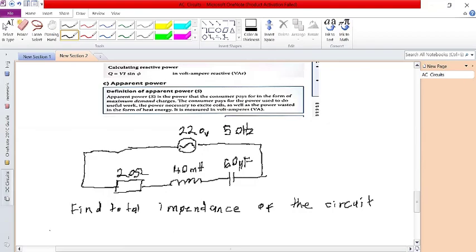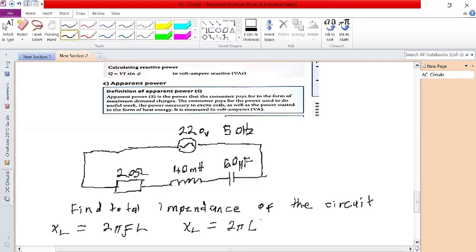So inductive reactance is the resistance of the inductor. Inductive reactance is given by XL equals 2 pi FL.